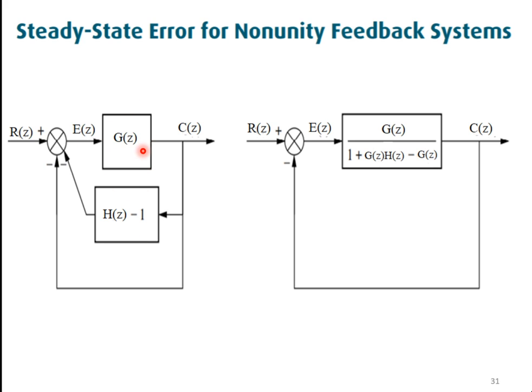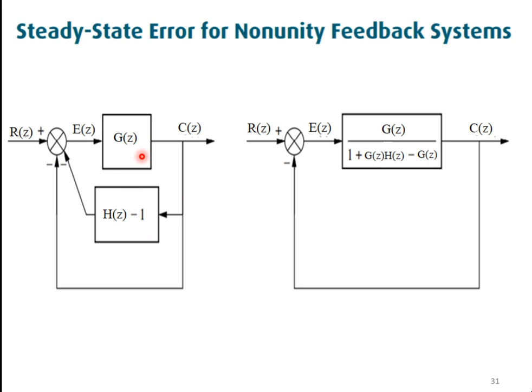So now you have two loops: this is the outer loop and this is the inner loop. Always the inner loop can be simplified, as you know. It is G(z) by 1 plus G(z)H(z), if H(z) is the feedback transfer function. But here the feedback transfer function is now H(z) - 1.